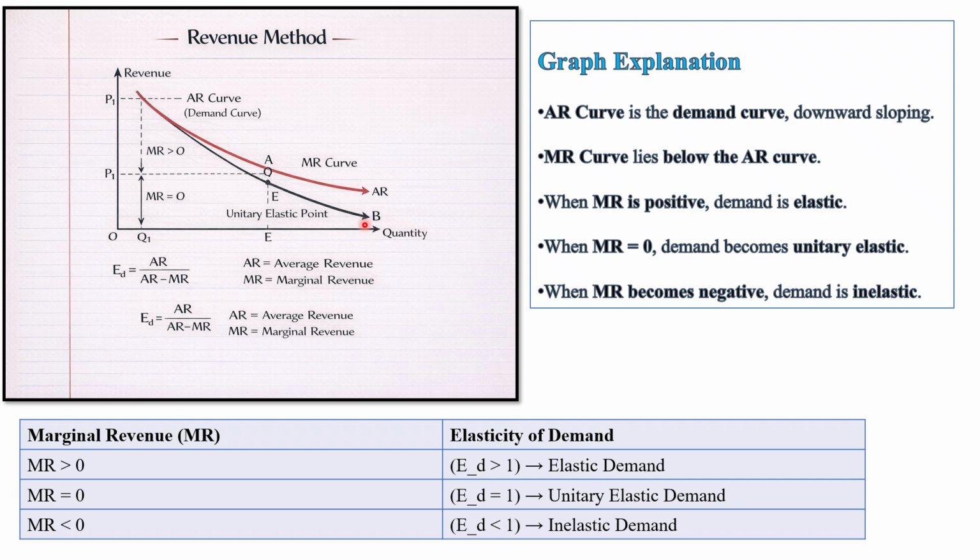So here, when marginal revenue is positive, the demand is elastic. This situation is MR greater than 0, and when marginal revenue is 0, the demand is unitary elastic, that is equal to 1, and when marginal revenue becomes negative, the demand is inelastic.